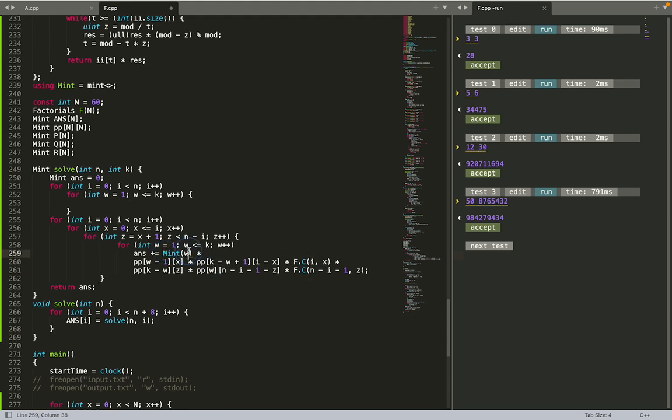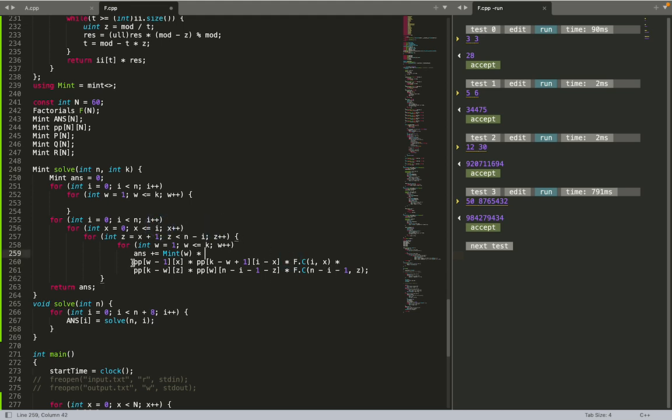So it's me times this and times this thing. But for fixed z, we actually just want the sum of these things over all x's that are strictly smaller than z, and they should also not be greater than i.